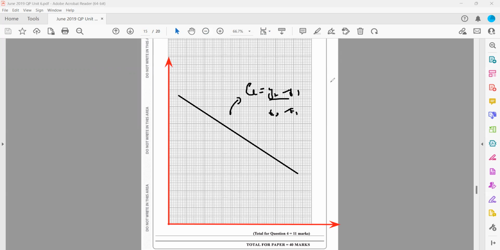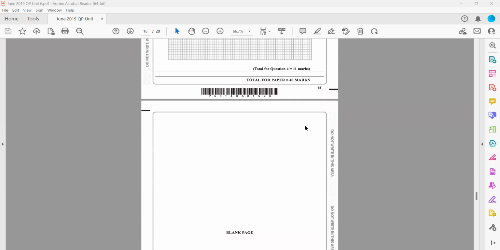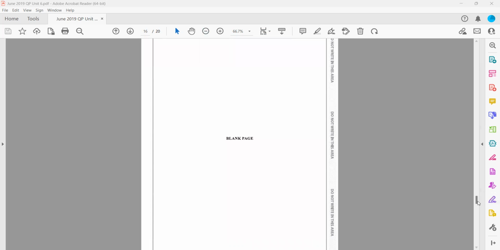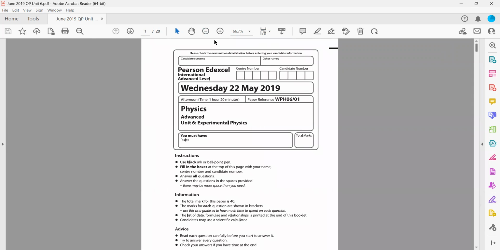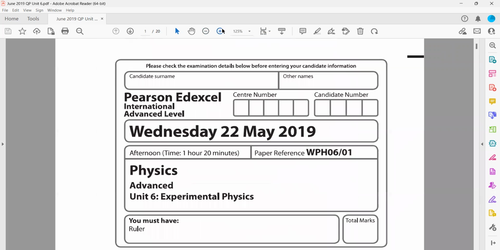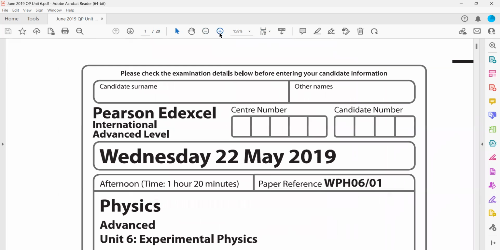The gradient of this line will be equal to minus mu. So you compare the gradient with minus mu, and that will be the value for mu. So plotting of the graph you have to do. This was the June 2019 paper, Unit 6.